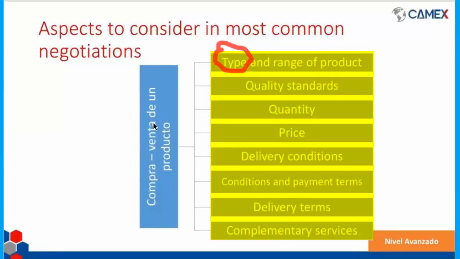Maybe your Chinese client asked about the price and wanted to know about the quantity. He or she also established the delivery terms and maybe who is going to be responsible in case the product is not perfect.